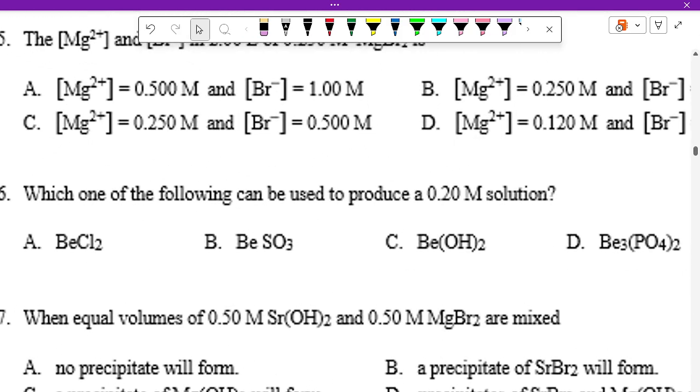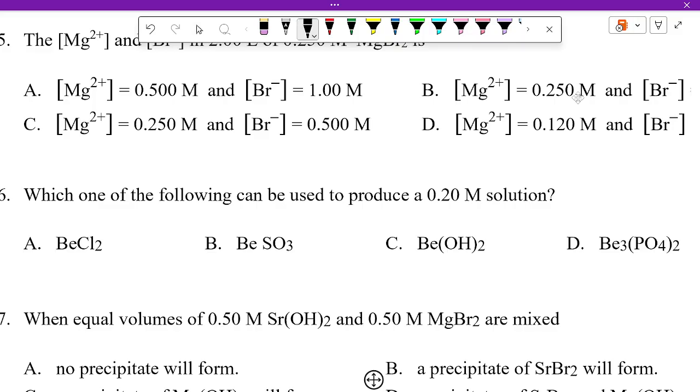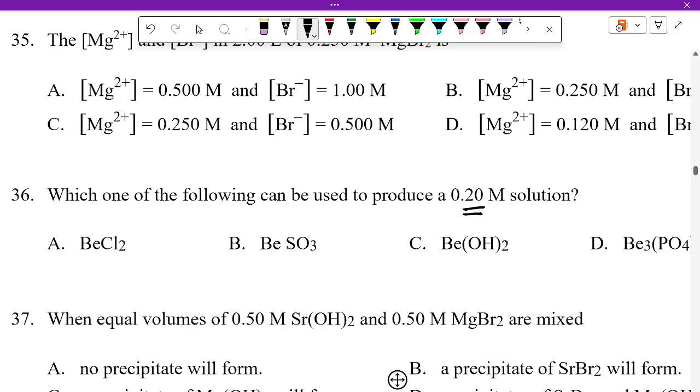Which of the following can be used to produce a 0.2 molar solution? This is 36. So if you're going to make 0.2, that is greater than 0.1, yes, which means it has to be soluble. So I'm guessing it's this one because chloride's up at the top of the table and most things are soluble with chlorides, but let's check it out again. And sulfite and phosphate are at the very bottom of the table.